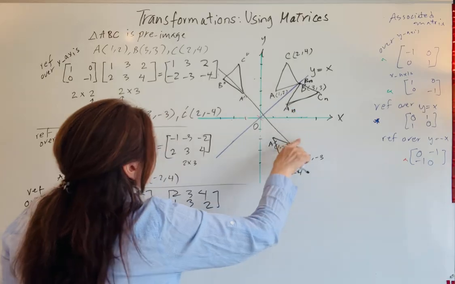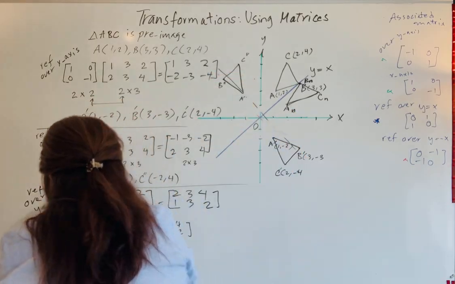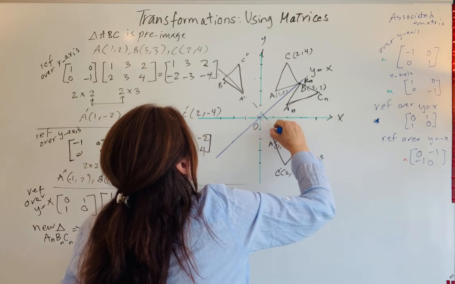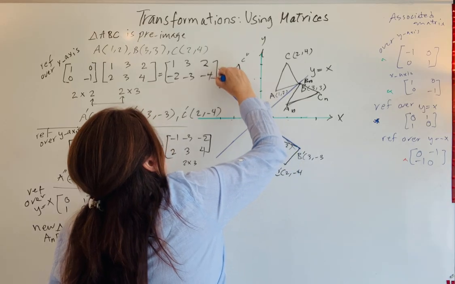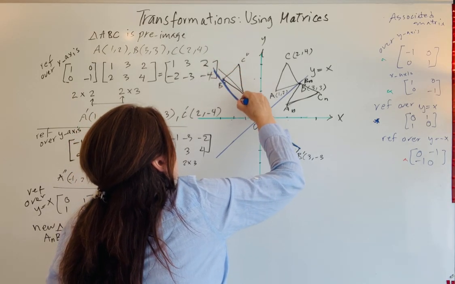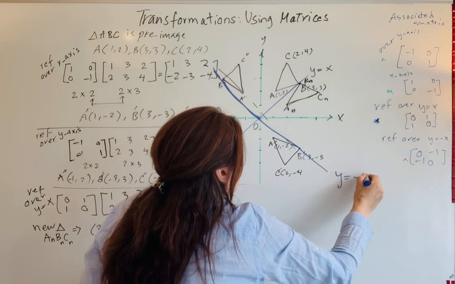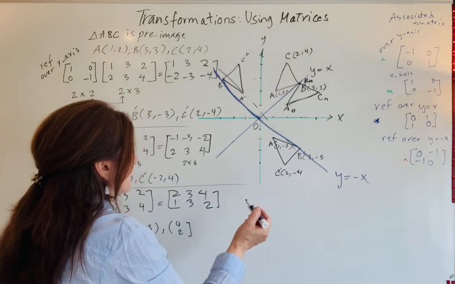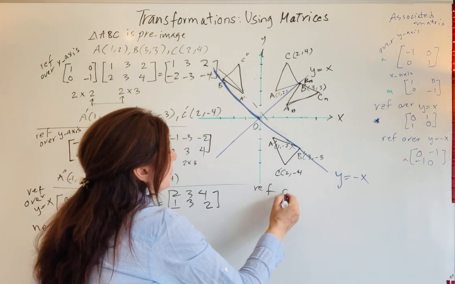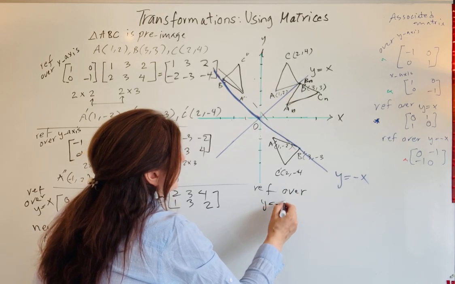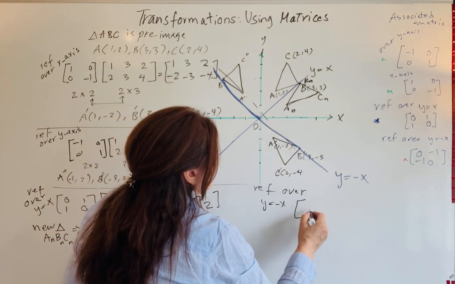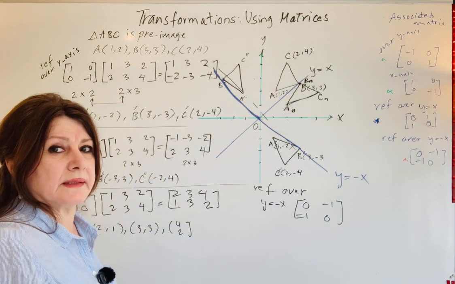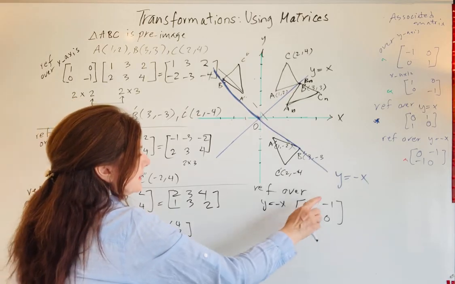This line should be here: y equals negative x. The associated matrix for the reflection over y equals negative x is this. You know, x's and y's exchange and change signs.